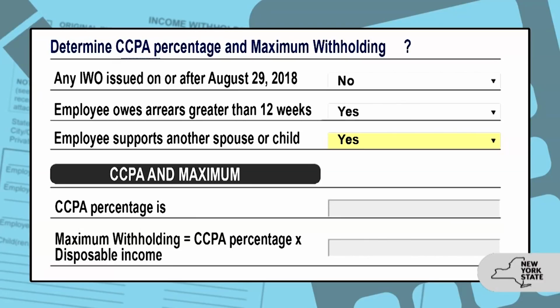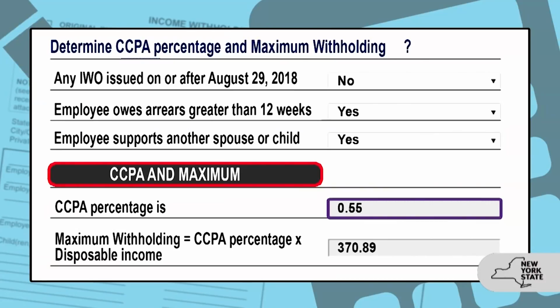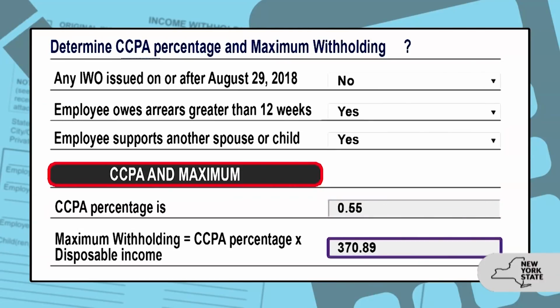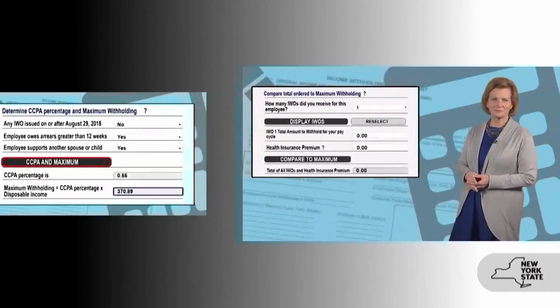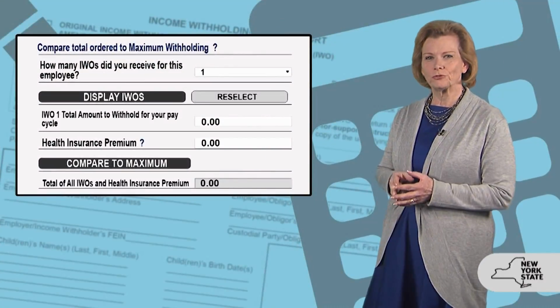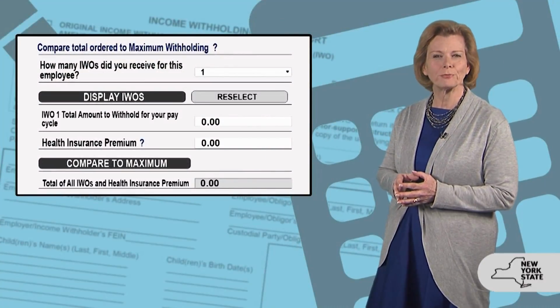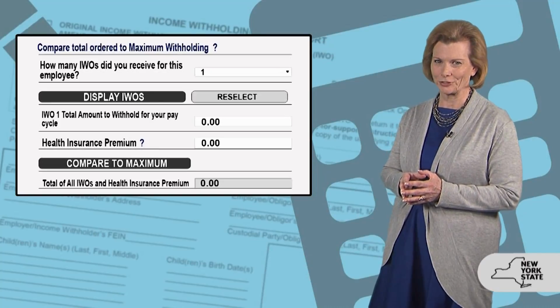At this point, click the CCPA and Maximum button to determine the CCPA percentage and maximum withholding amount. Now, the CCPA percentage is 0.55 or 55%, while the maximum withholding amount is $370.89.